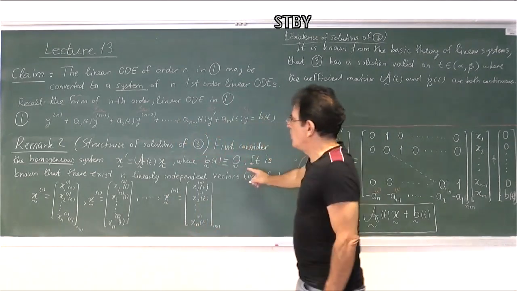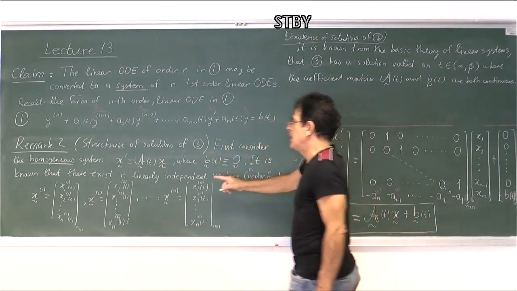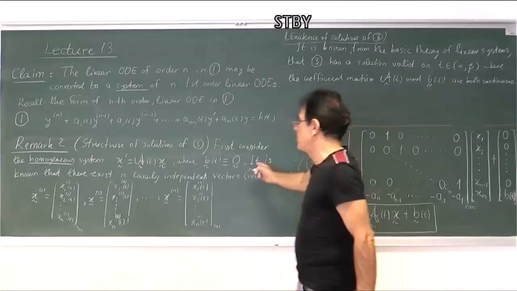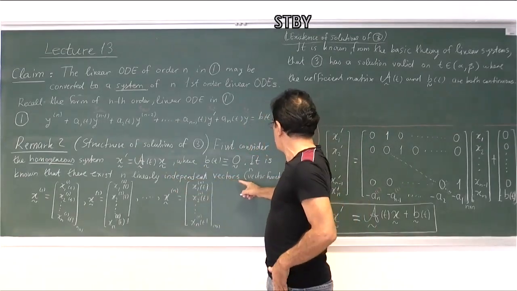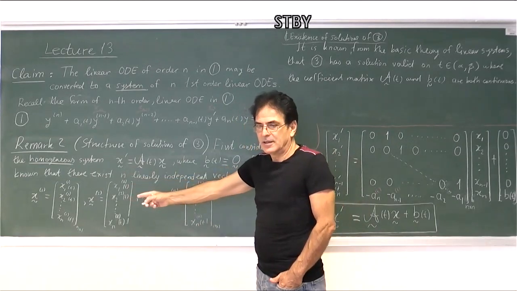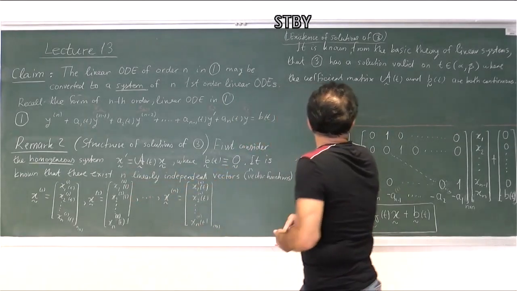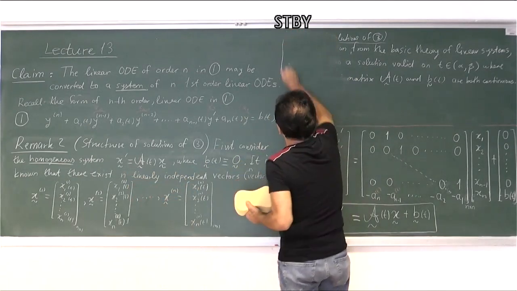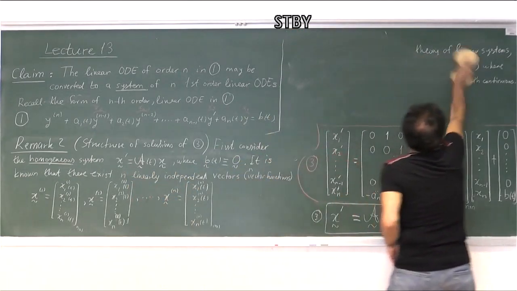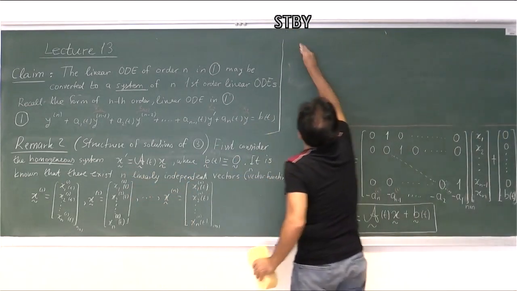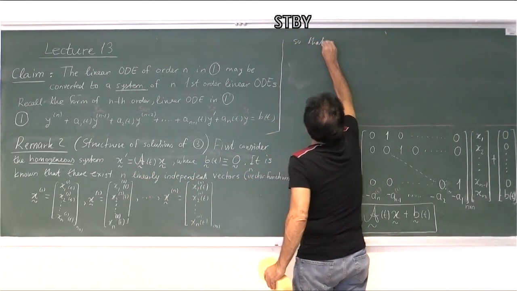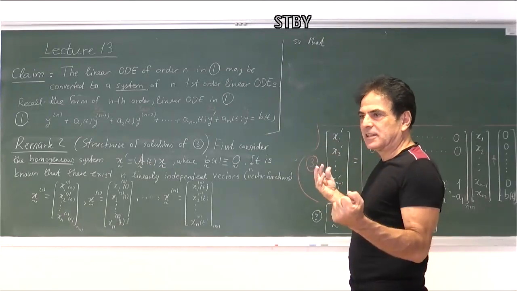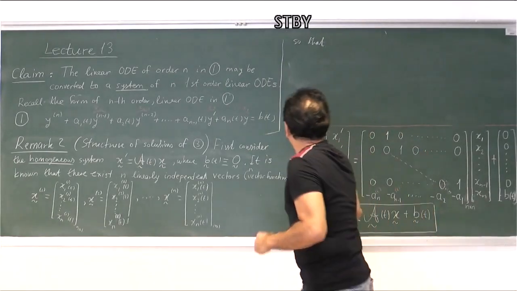N by 1. So we learned that for the corresponding homogeneous system, there exist n linearly independent vectors, so that you can think that these n vectors generate a basis for the vector space under consideration.